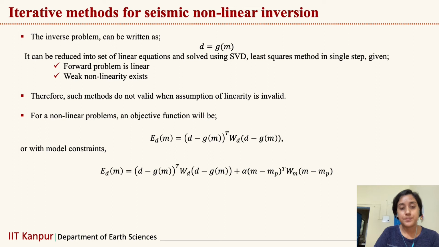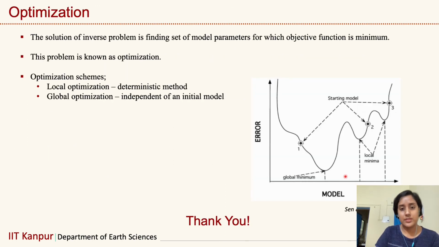In this figure, this is some hypothetical objective function, and here we consider only one model parameter, so the x-axis represents the one model parameter, and error is our total E term, our total objective function.